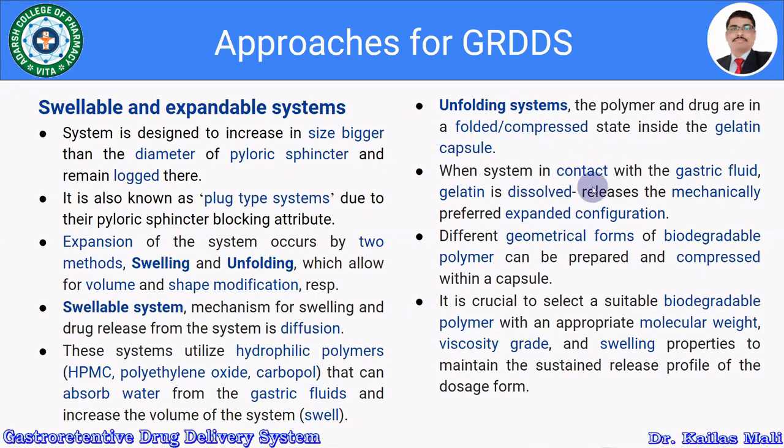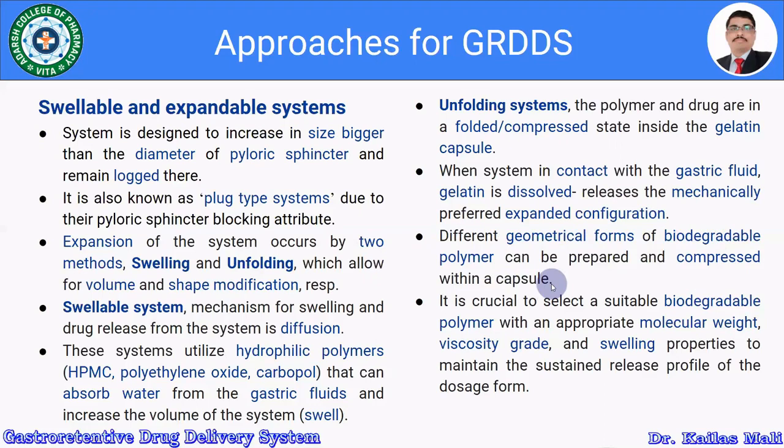When such a system is in contact with the gastric fluid, the gelatin is dissolved, releases the mechanically preferred expanded configuration, and there is a change in the shape, and thereby the formulation is going to be retained in the stomach for a long time. Different geometrical forms of biodegradable polymer can be prepared and compressed within a capsule.